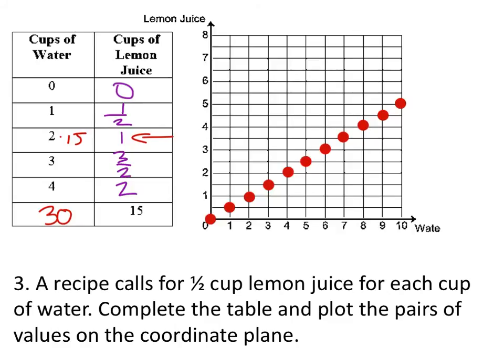And the next thing I'd want to do is connect all these points, because you can have 1/2 cup of water and 1/2 cup of lemon juice. In other words, between each of these points are other values which could exist based on this problem. And we should get something that looks like this.